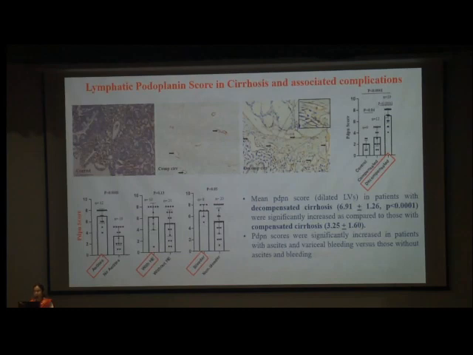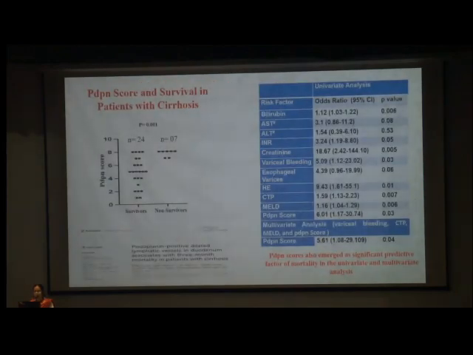That means they have a high podoplanin score, and this was also higher in patients with complications. Higher podoplanin score patients also showed higher mortality, and on regression analysis, this podoplanin score emerged as a significant predictor of 90-day mortality in both univariate and multivariate analysis.